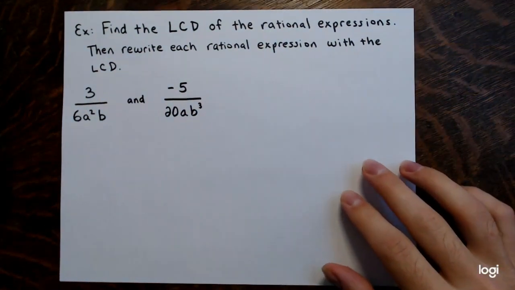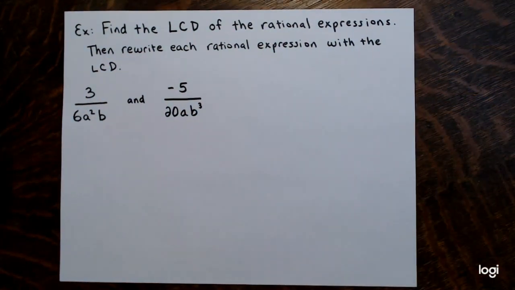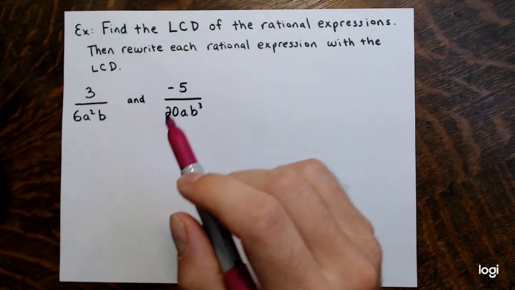So the first of these I've got for you. Here I'm asked to find the LCD, the least common denominator or least common multiple of the denominators of the rational expressions. Then rewrite each rational expression with the LCD. So I'm going to rewrite each of these fractions as an equivalent fraction where the new denominator is this LCD I'm finding.